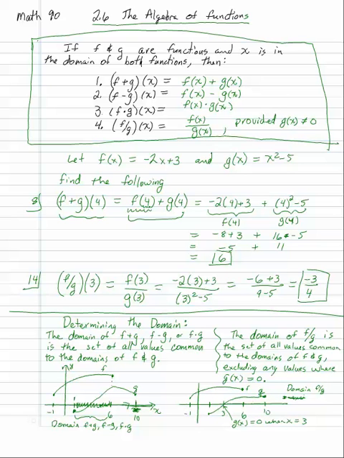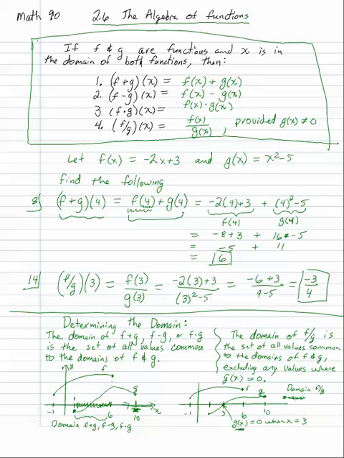Now the domain for f divided by g is the set of all values common to f and g, excluding any values where g of x equals 0, because if you divide by 0, that's undefined. If you notice, g of x equals 0 right here, where x equals 3, so you would have to exclude x equals 3 from the domain.